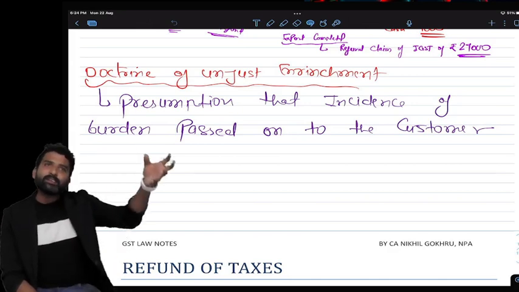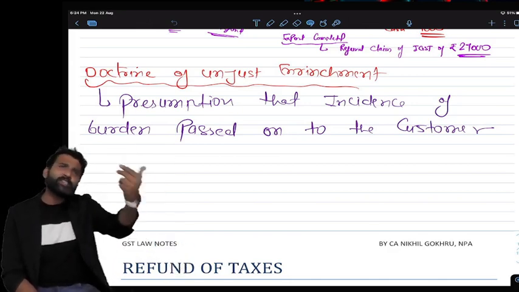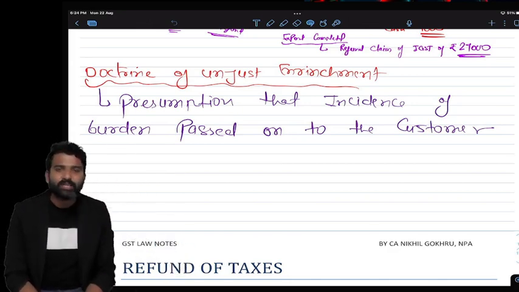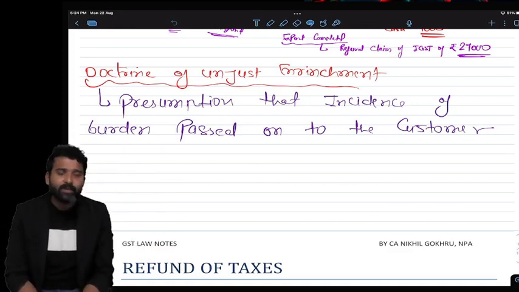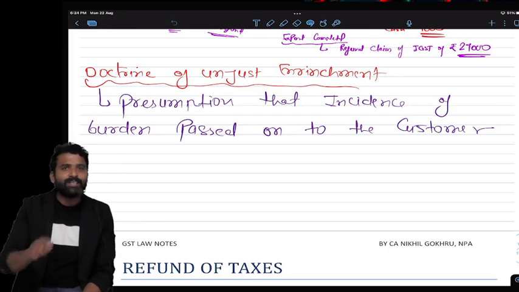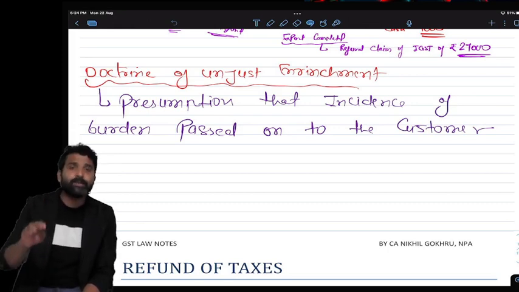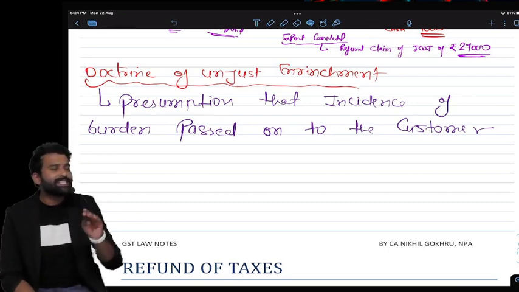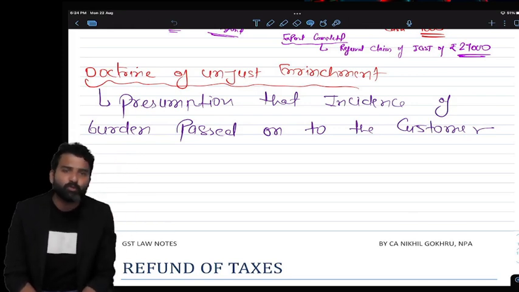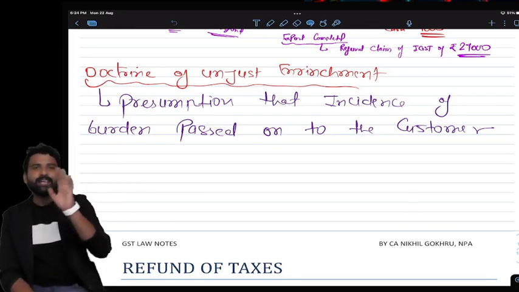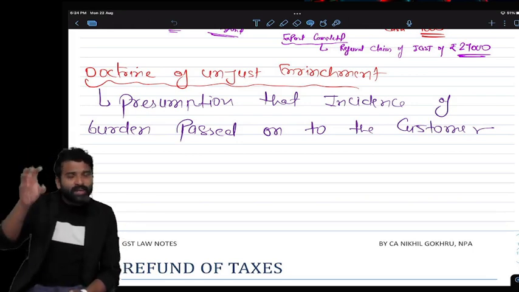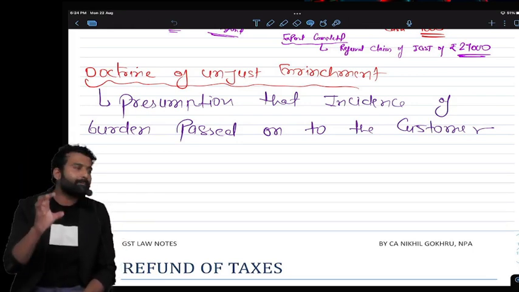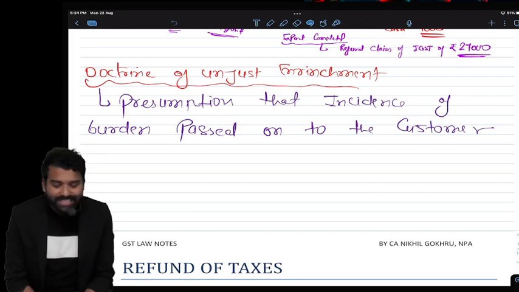There will be some cases where the department will presume that you have not passed on the burden and you are not required to prove the doctrine of unjust enrichment. In all the other cases they will require the proof that you have not passed on the incidence to the customer.